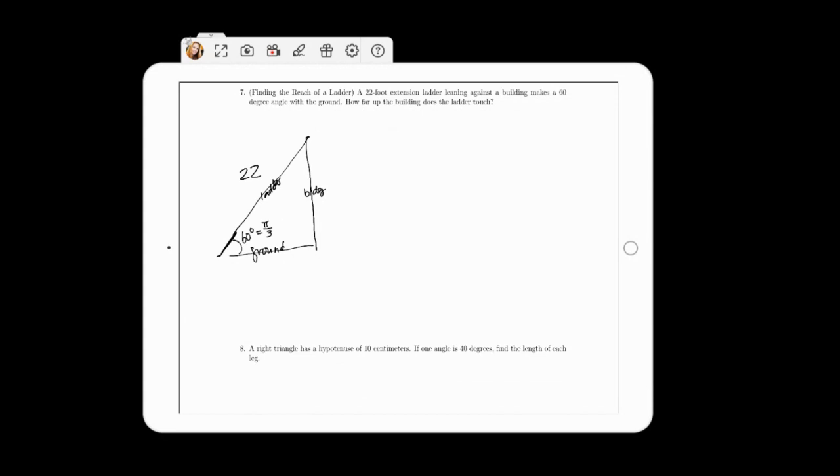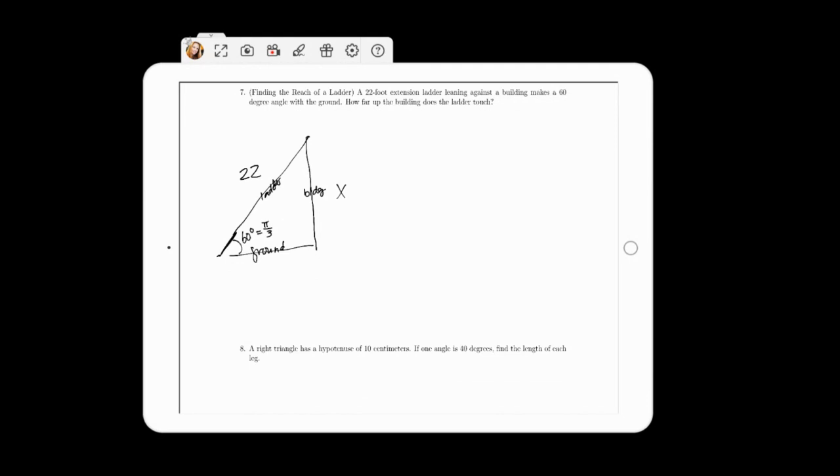And the question is, how far up the building does the ladder touch? So the value x we're trying to find is the length of this side here. Okay, so you need to ask yourself, what trig function should I use? I have a right triangle and I know one angle and I have information about the opposite side and the hypotenuse side.